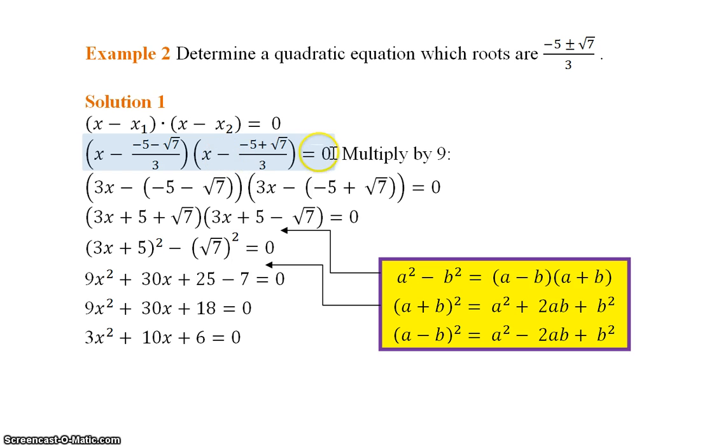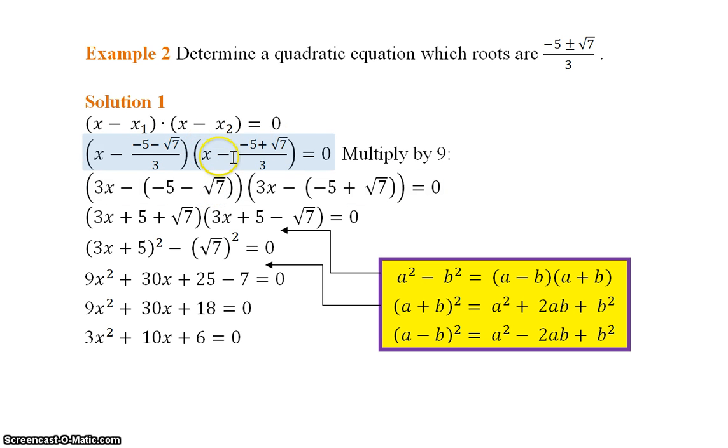We get this equation. To get rid of the denominators, we multiply both sides by 9. Right side is 0, and 0 times 9 is 0. When we multiply the left side by 9, we multiply each of the factors in the left side by 3. We multiply first factor by 3, we get 3x minus, in brackets, negative 5 minus square root of 7.